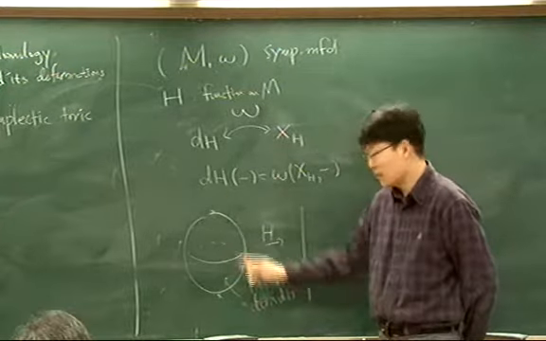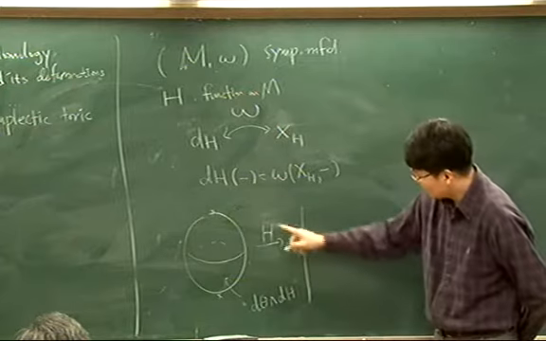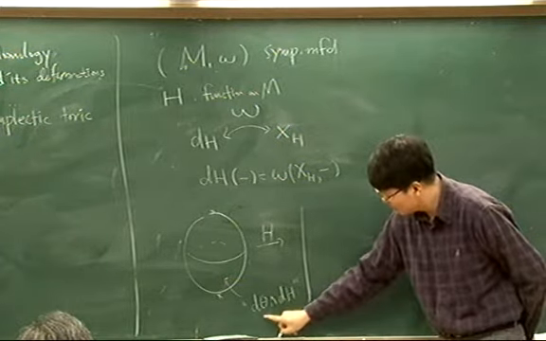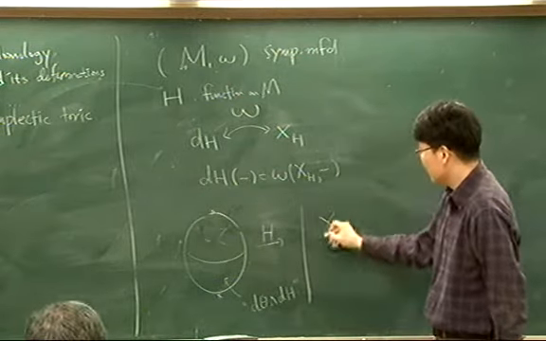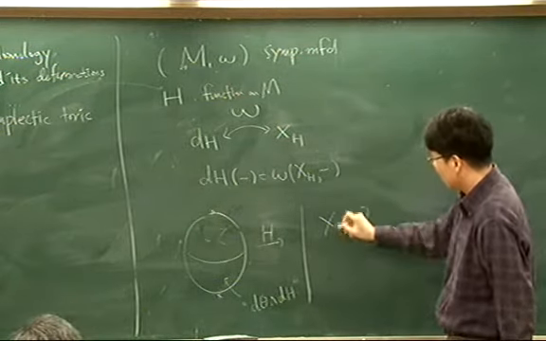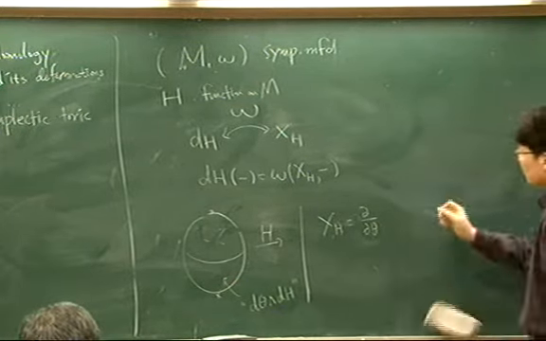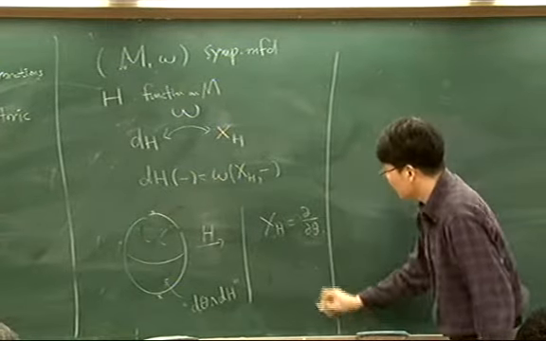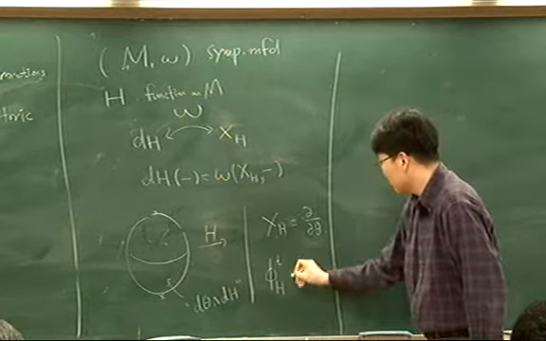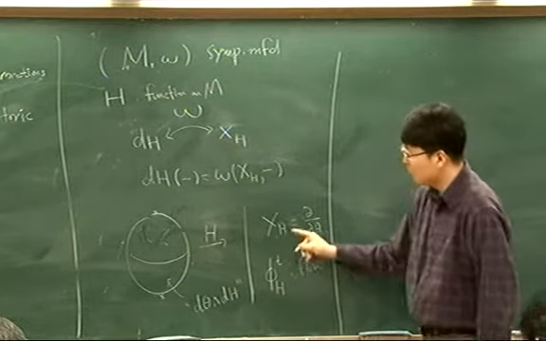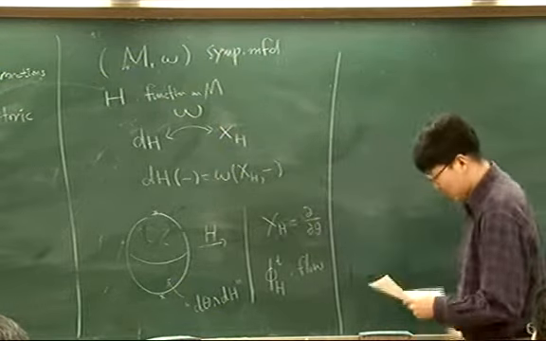Away from these two points, it's not hard to see that you have to contract with d theta to get dh. So X_h in this case is just the rotation, d theta. I'll also write phi_h(t), the flow of this Hamiltonian vector field, and the flow is just rotation.